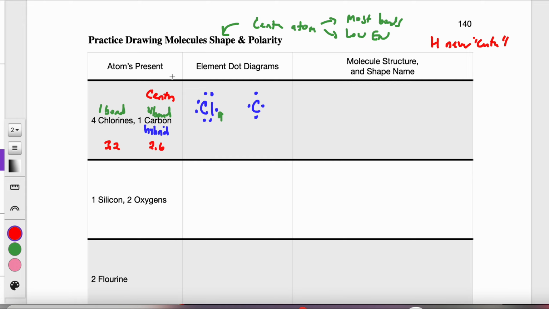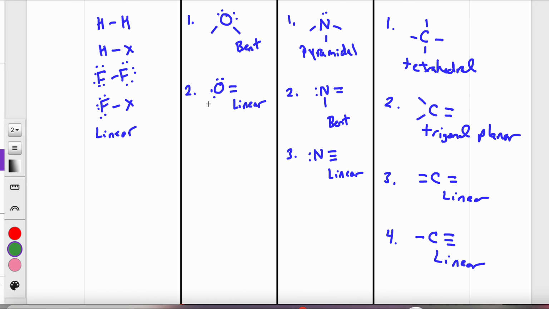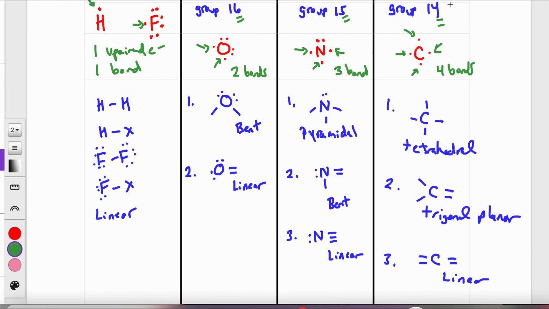So I look at the Hunk rule wherever carbon is. On the Hunk sheet, I look at the center. In this case, it's carbon.